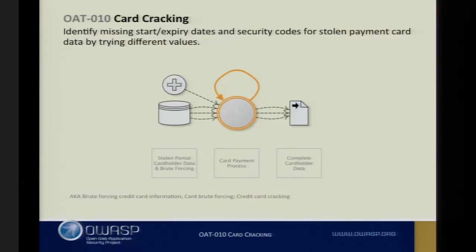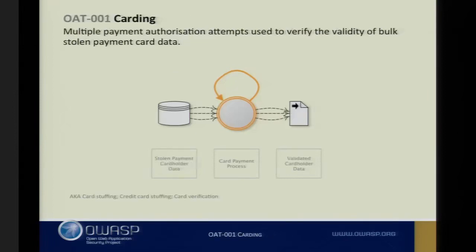So this is identifying missing data. A related threat is carding. This is slightly different. Someone might have obtained large numbers of credit and debit card data. They might have stolen it from some web application, some other parts of the business, or perhaps from a criminal marketplace, where they would have bought them.